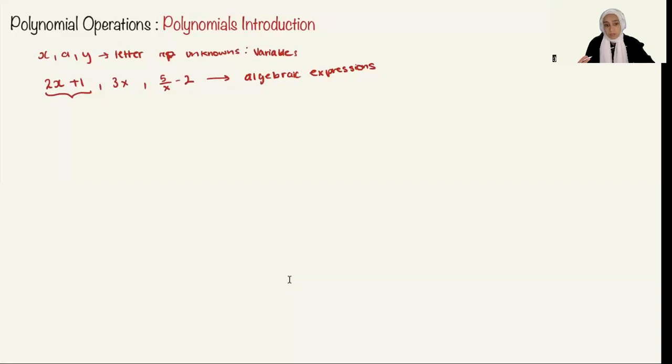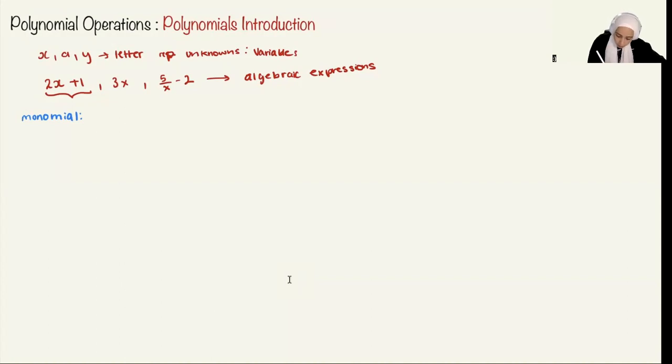Now, moving on to polynomials, we want to start with first, what is a monomial? Okay, monomial. Now, a monomial actually refers to a number or variable or the product of numbers or variables. So it's one term, okay?